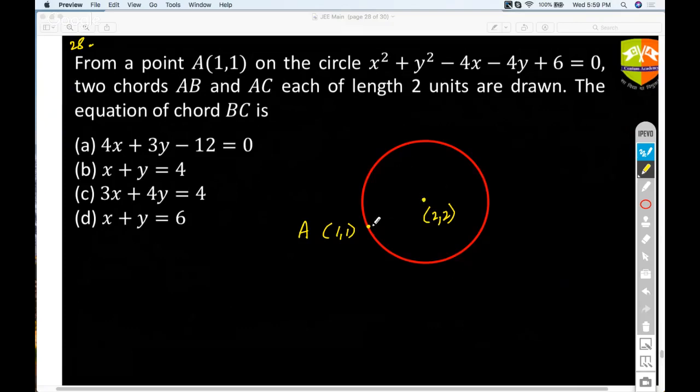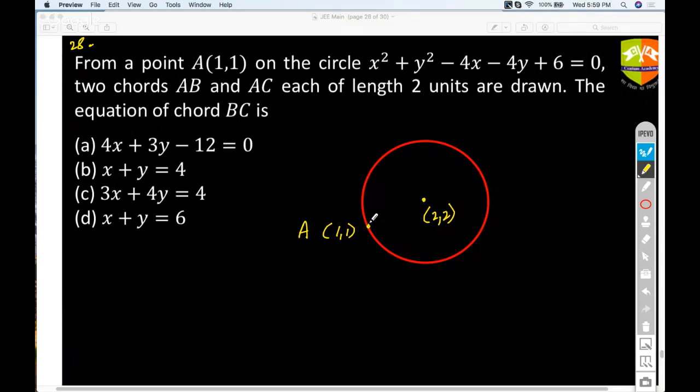Correct? So let's say I have these two chords AB and AC. They are of length 2 units each.